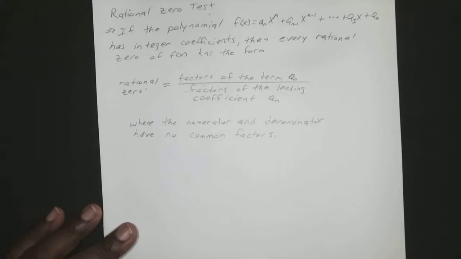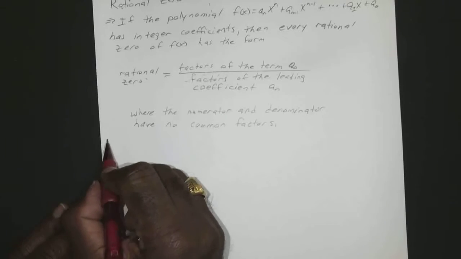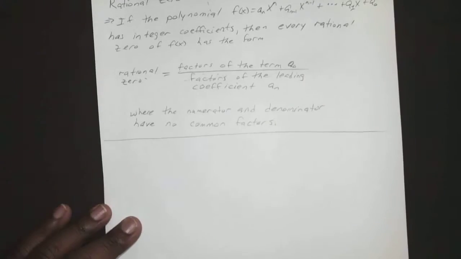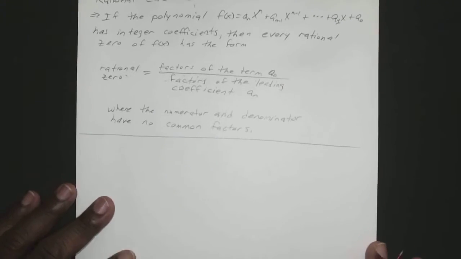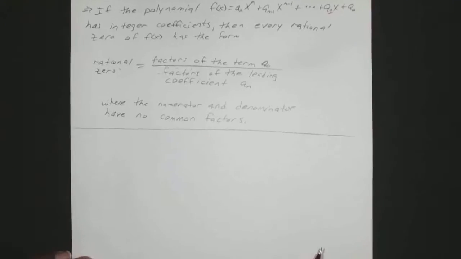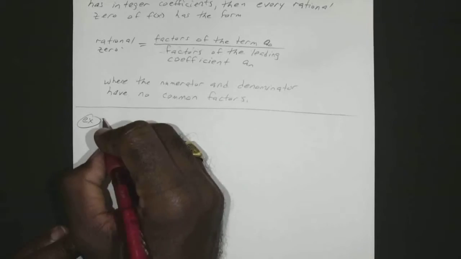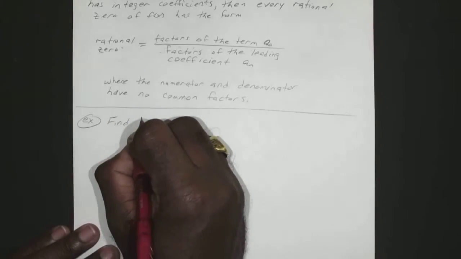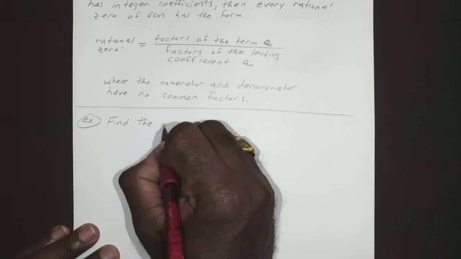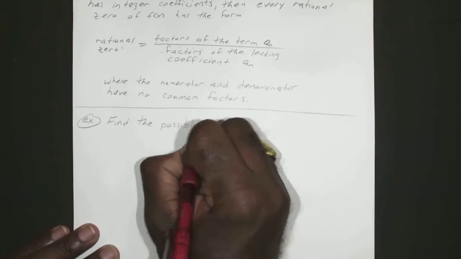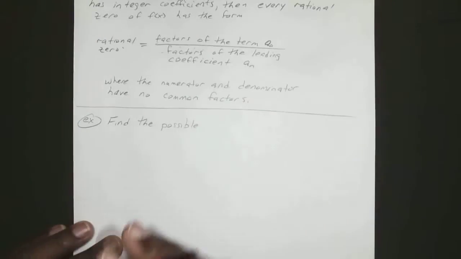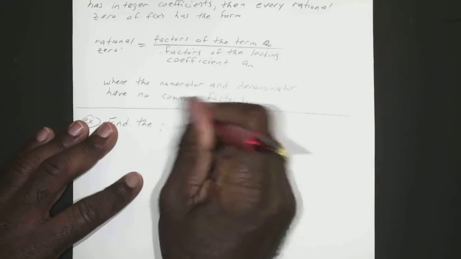Let's say, for example, just to give you an idea of how that applies, we wanted to find the possible rational zeros.